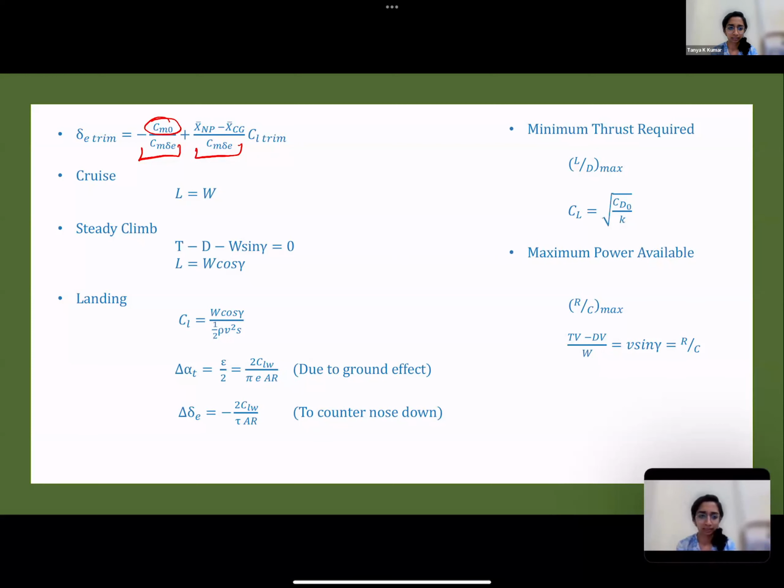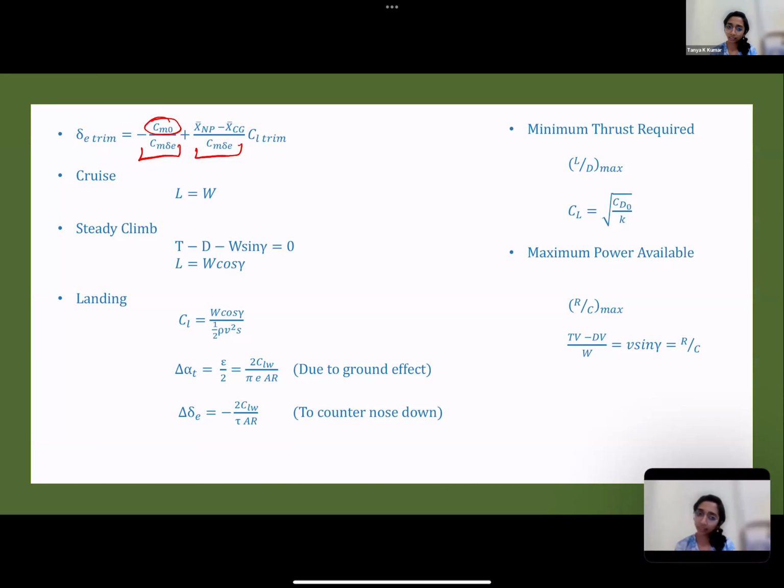Please, someone tell me something about CM naught, or any one of those terms in that first equation.